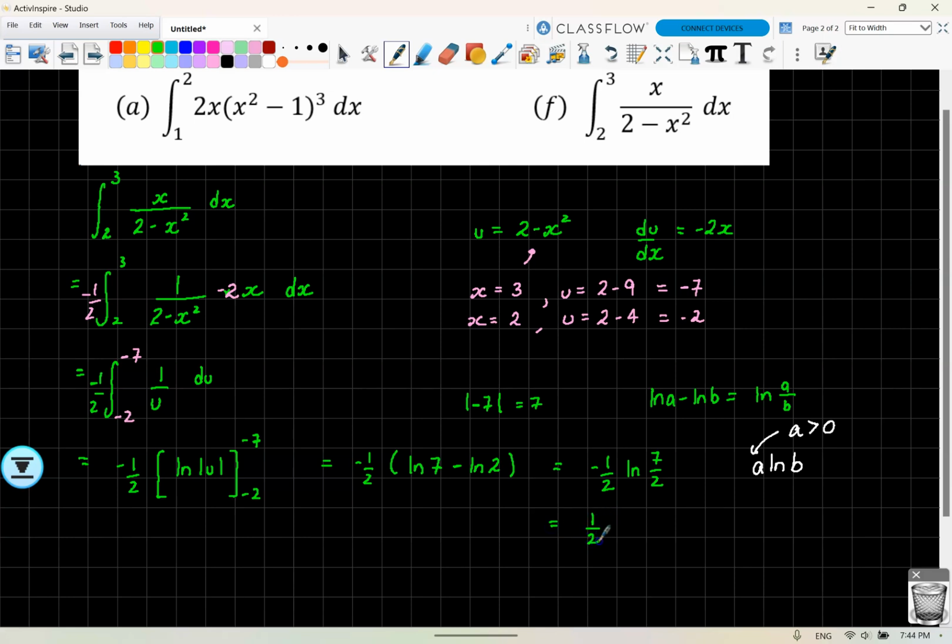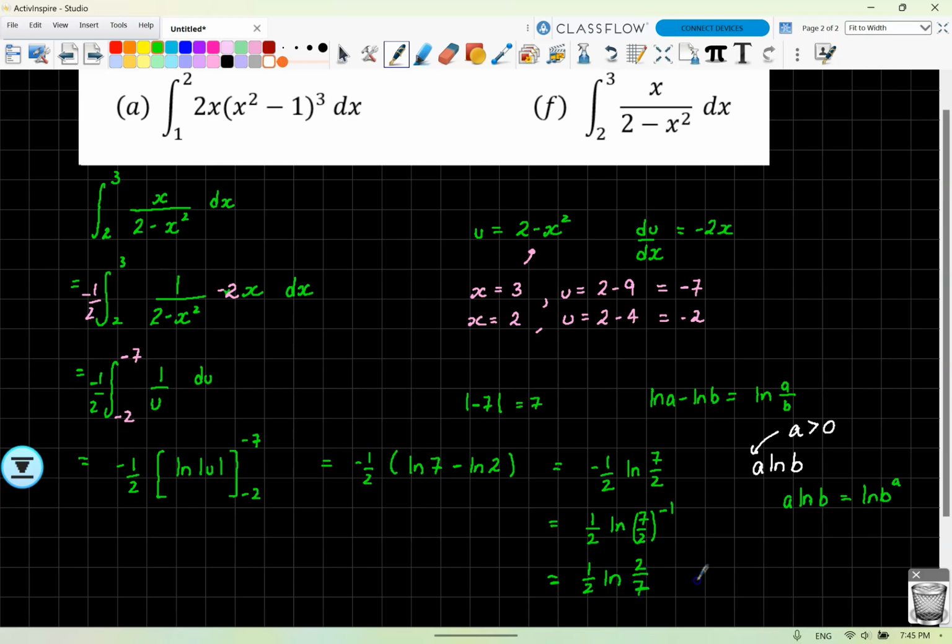We'd have a half ln of 7 over 2 to the minus 1, because that's now using our rule of a ln b, which is ln b to the a. Now, when we've got a fraction to a negative power, we just flip it.